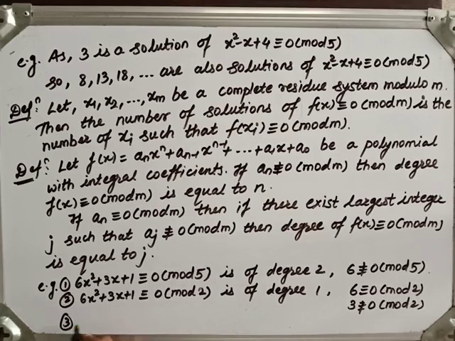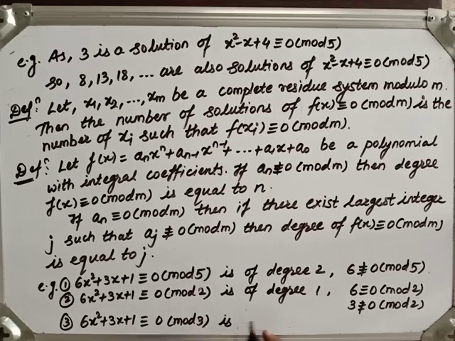Again, one more. Suppose again the same polynomial, we simply change the m, modulo 3 suppose. Now here 6 is congruent to 0 modulo 3, 3 is also congruent to 0 modulo 3. So here the degree is 0.